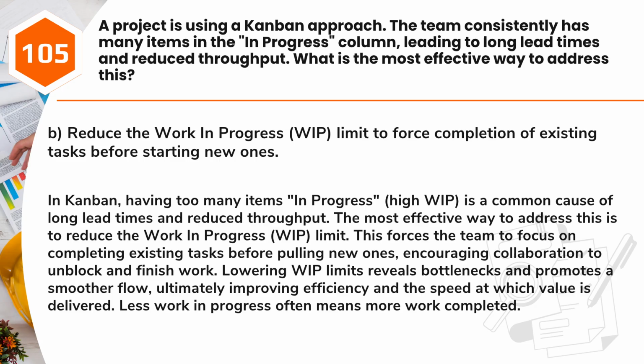This forces the team to focus on completing existing tasks before pulling new ones, encouraging collaboration to unblock and finish work. Lowering WIP limits reveals bottlenecks and promotes a smoother flow, ultimately improving efficiency and the speed at which value is delivered. Less work in progress often means more work completed.